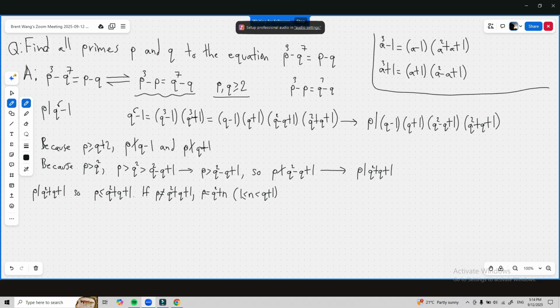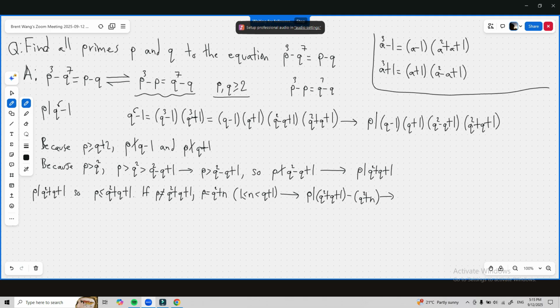Okay, but then if this was true, this would imply that P divides Q squared plus Q plus 1 minus Q squared plus n. Because if P is equal to Q squared plus n, then P also divides Q squared plus n.